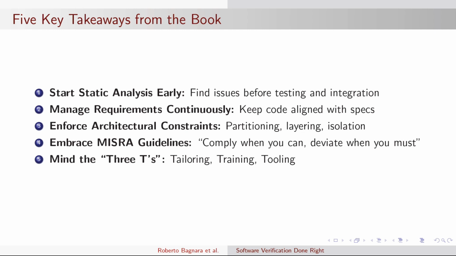Tailoring the MISRA guidelines so that they adapt to your internal conventions. Training to make sure that your team is fully aligned and that they know exactly what to do. And tooling, choosing the right tool to implement all the things you need in the proper way.